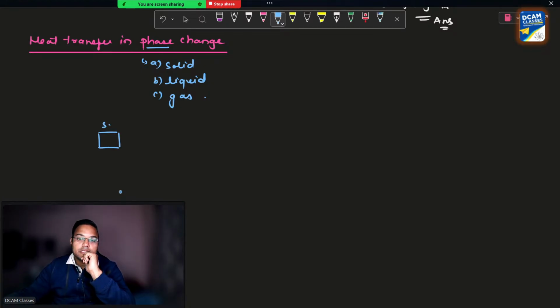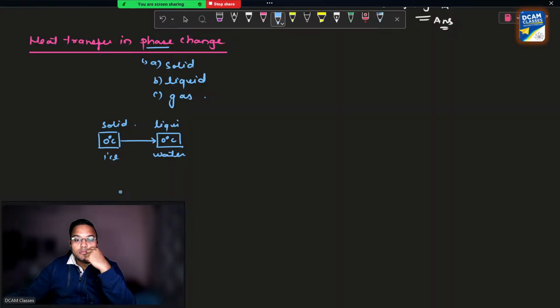Take the case of ice, it's solid, at 0 degrees Celsius. Now it converts to liquid, water, but still the temperature is the same. So according to our calorimetry, there should not be any heat exchange because the temperature is the same.